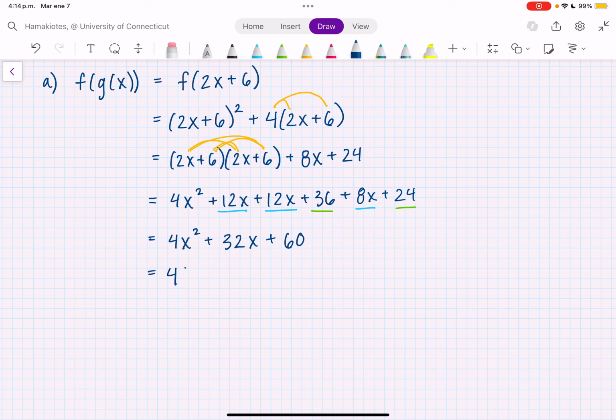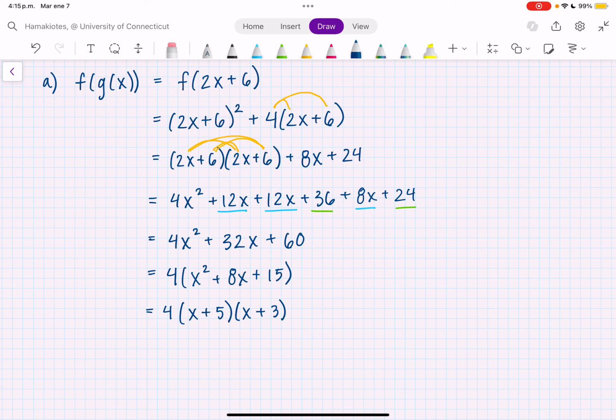So this becomes 4 times (x squared plus 8x plus 15). Now notice we can even factor this more. So we want two numbers that multiply to 15 and add to 8. So 3 times 5 is 15, and 3 plus 5 is 8. So this factors as (x plus 5) times (x plus 3). And that is f of g of x.